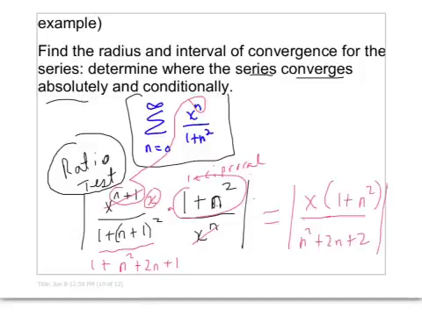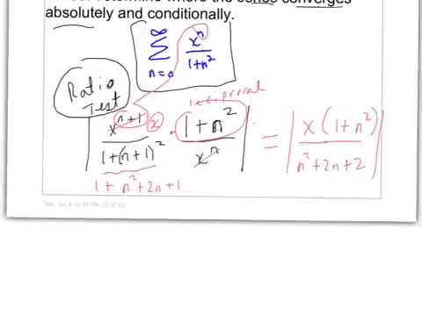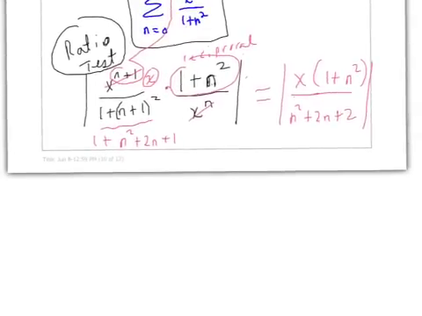Okay, now let's scoot this on down here. Let's gather that last expression. I'm just going to rearrange it a little bit because I'm interested in the limit as n approaches infinity.